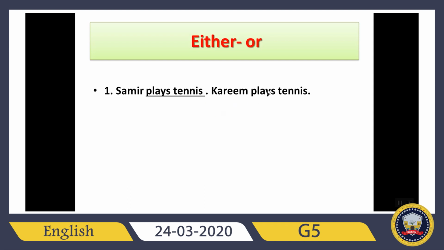The verb here must be singular, not as in both and. In both and the verb must be plural, but in either or the verb must be singular. So it must be like this: Either Samir or Karim plays tennis.